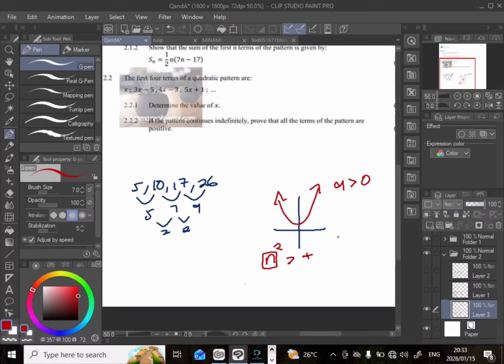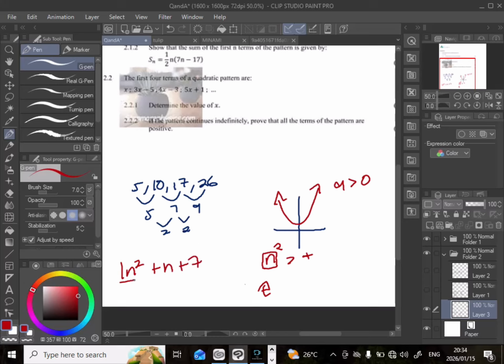We are supposed to find the general equation of this quadratic pattern, and see if it would be a positive equation, for example positive n squared plus n plus 7, something like this.